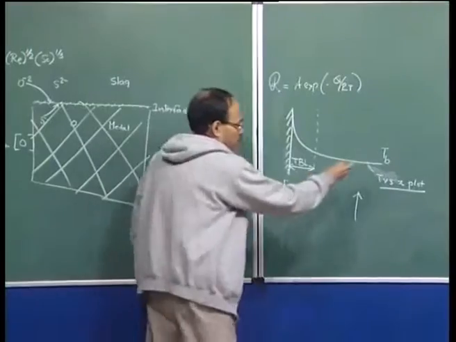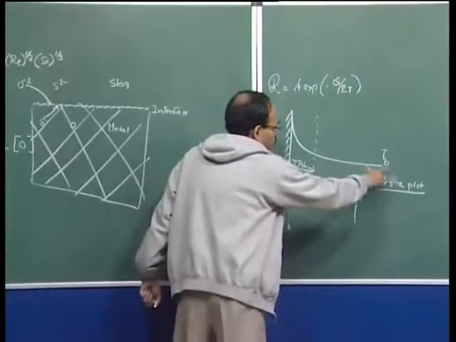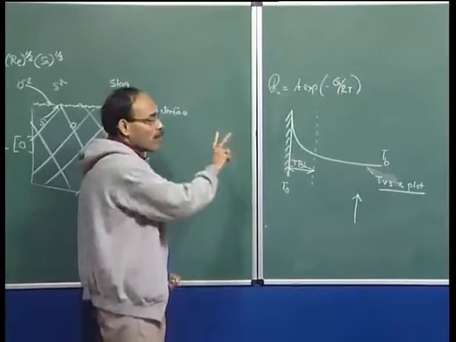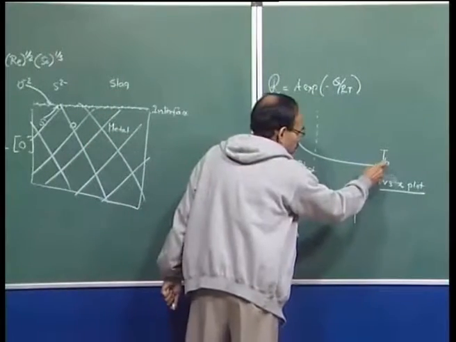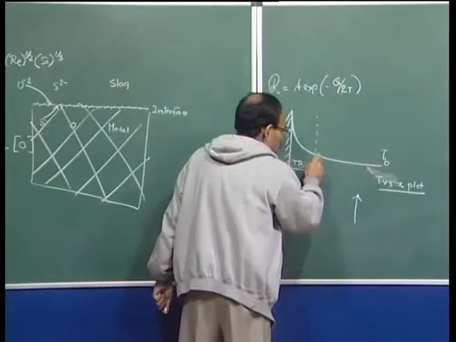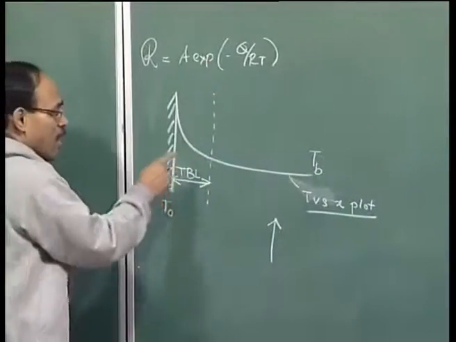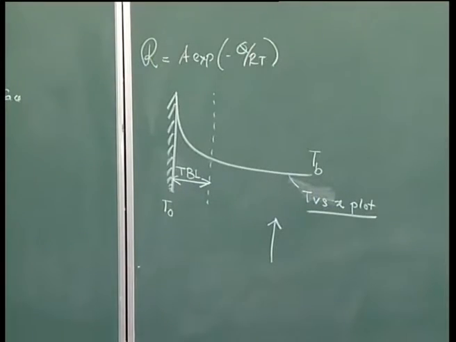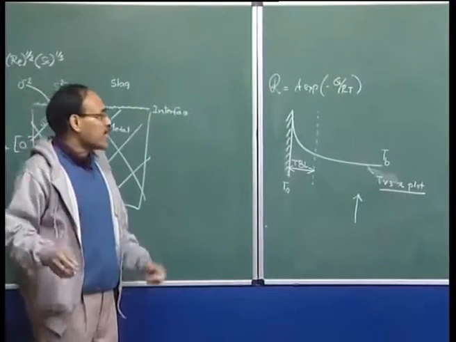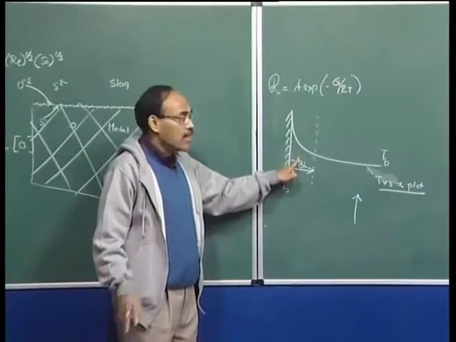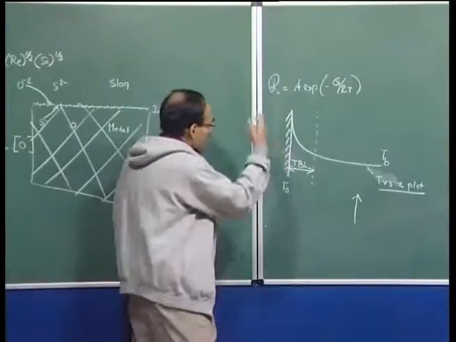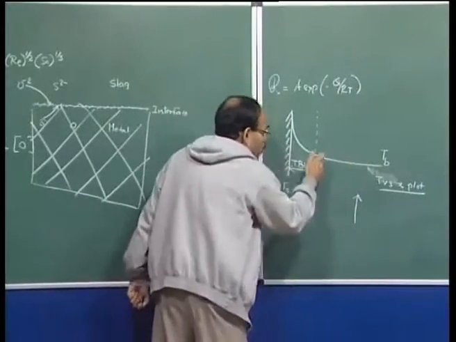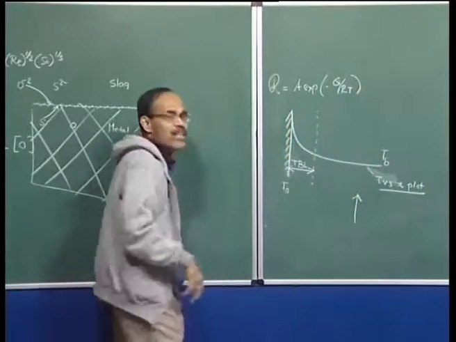Heat is transported from the bulk to the interface, and from the interface through the thermal boundary layer. Now, the moment I say this, I can make the assumption that there are two steps which control the rate of heat transport: transport in the bulk phase as well as transport within the boundary layer.